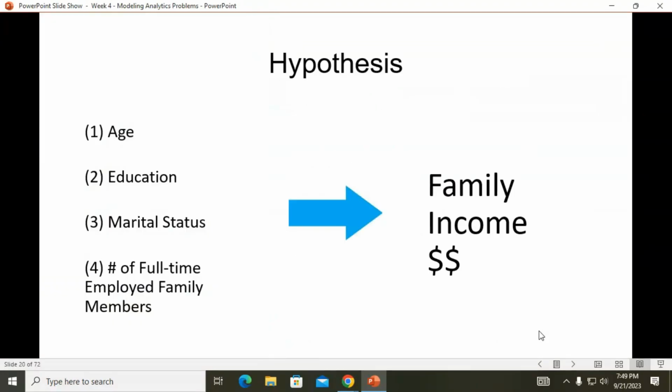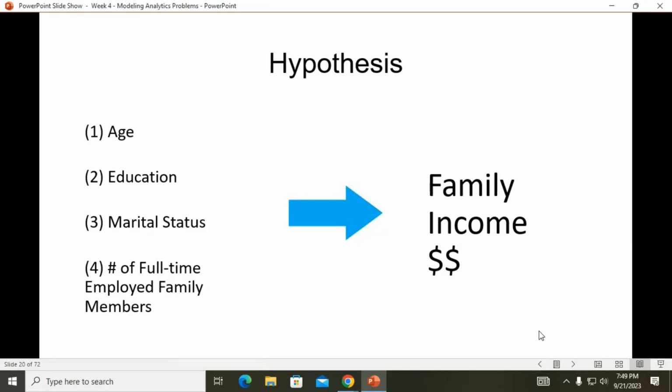I'm going to skip back here. So some things we can consider. Age. So maybe you consider that if a person's been around longer, and again, this is generalizing, which is why we talked about models not being completely accurate. But as people get older, they probably have been with their jobs longer.